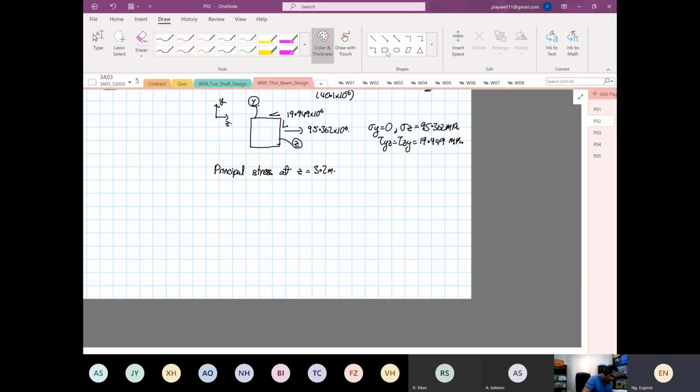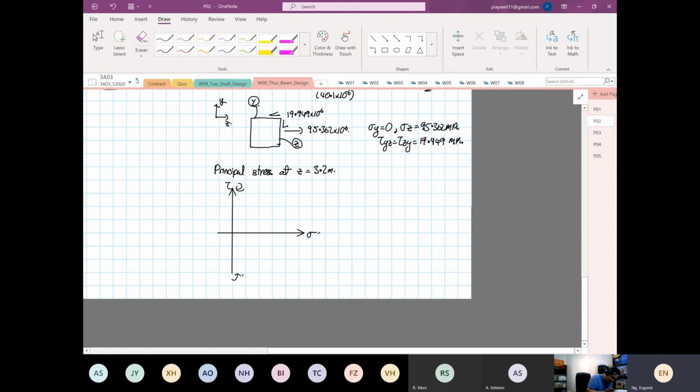So we know that this is normal stress, and this is our shearing stress. This is our normal stress, shearing stress, clockwise, anti-clockwise.